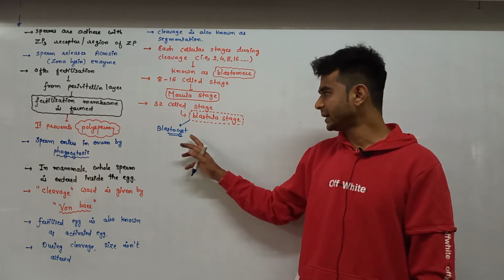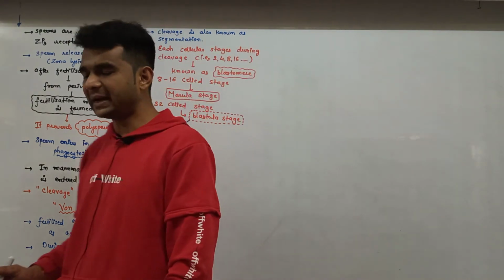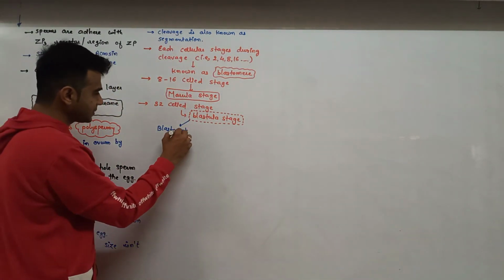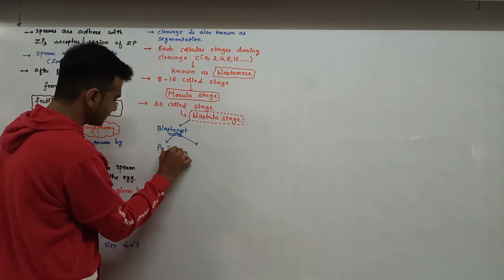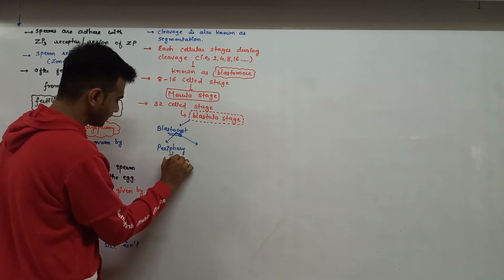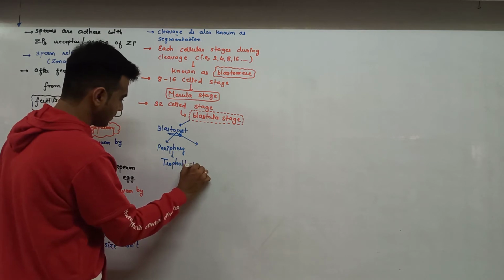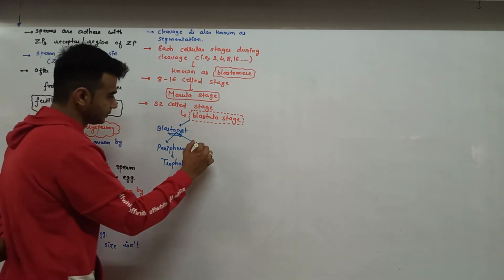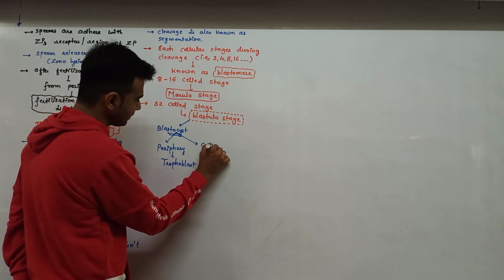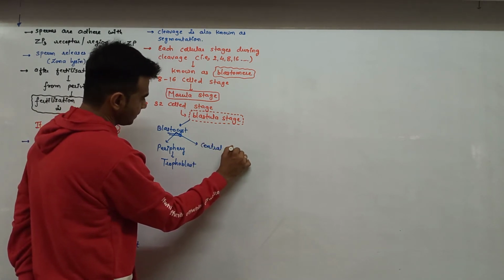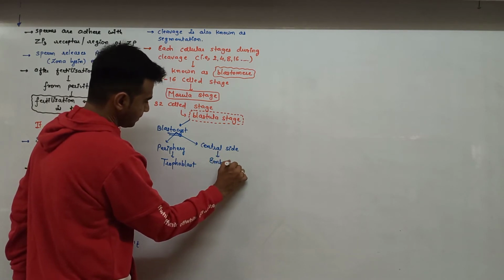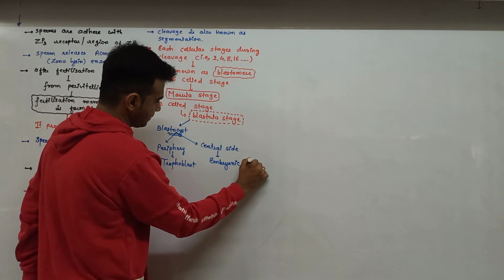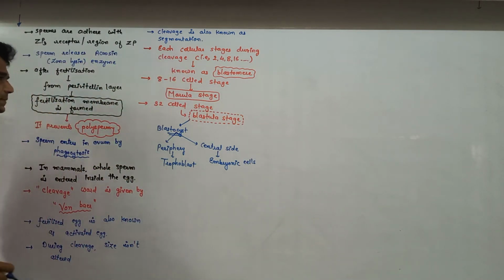That's why it is known as blastocyst. And the blastocyst consists of two types of cells: on the periphery side the trophoblast, and on the central side the embryonic cells.